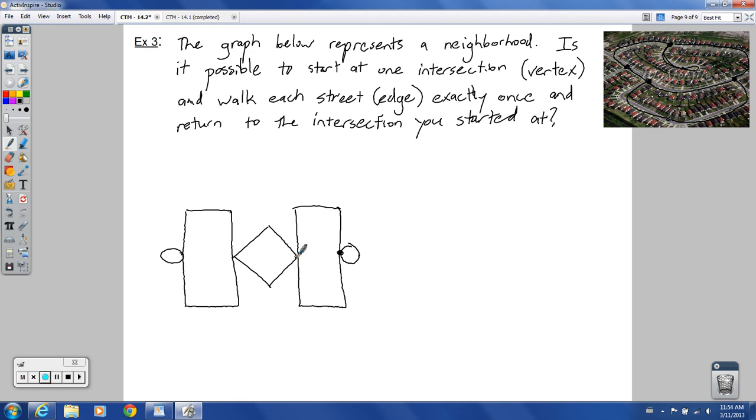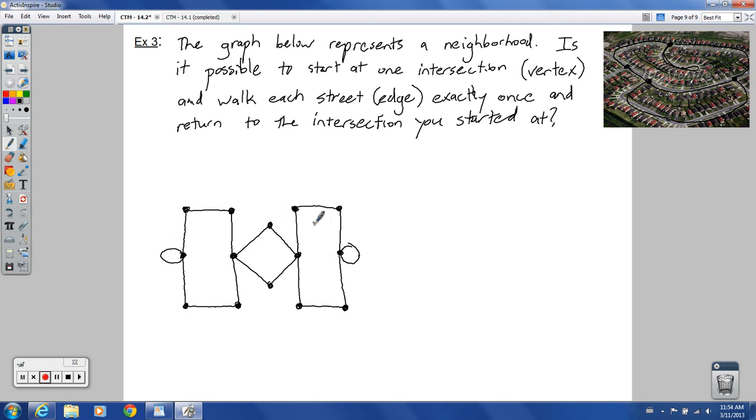And I want you to draw in vertices wherever you see them on my drawing here. Okay, so there's all the vertices.